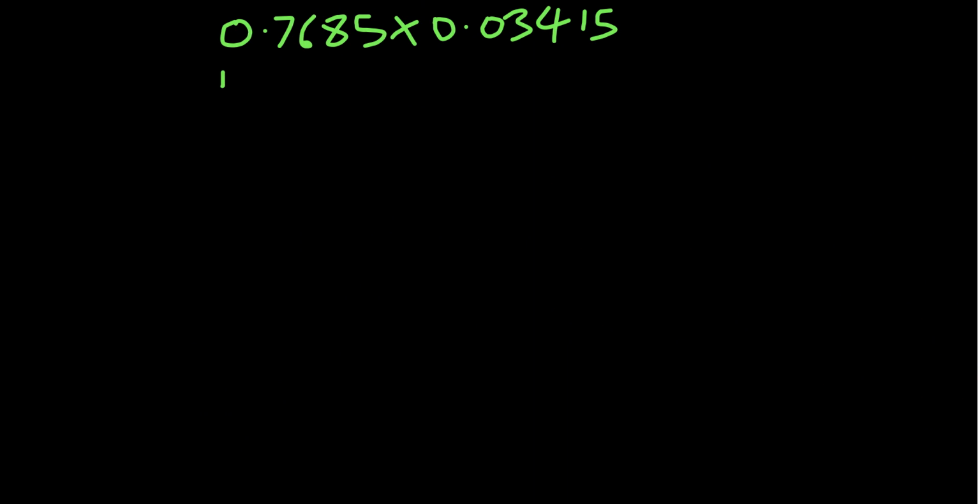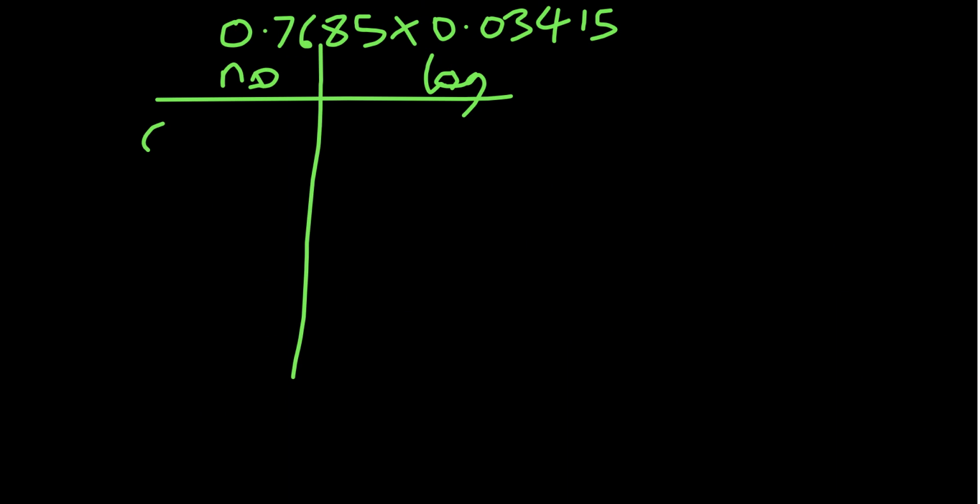So like we had done before, you have to create a table of number and the log. So in this table, you're going to write down the numbers here: 0.7685. You want to find the logarithm of this number, and if you convert this to standard form, you'll have -1. In this case, we write it as bar 1, plus the mantissa value.